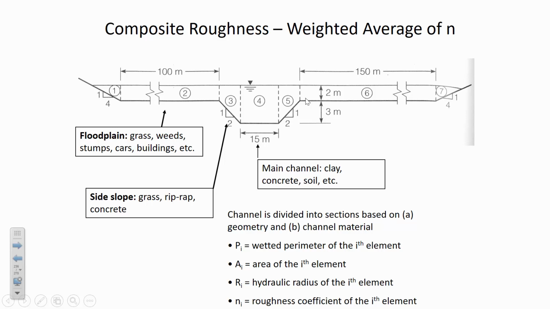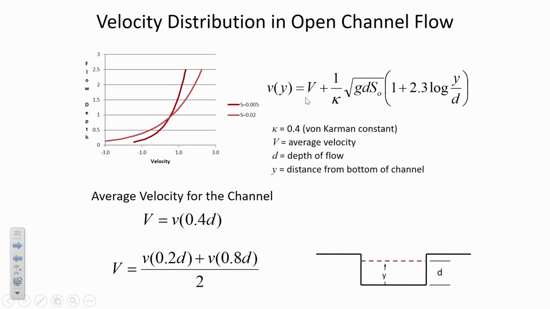Another thing that we have to contend with, in addition to the fact that velocity is different as a function of depth and as a function of where you are in the channel, is that the water is moving faster in the center of the river than it is at the banks.